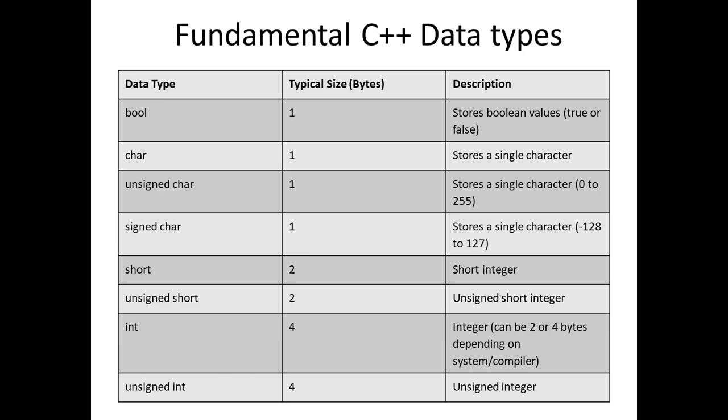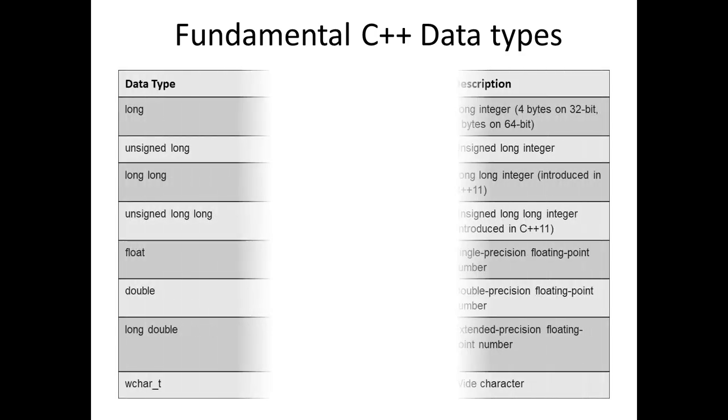Standard is 4 bytes, but in some systems you'll discover that integer is 2 bytes, while in others it is 4 bytes, just depending on the system or the compiler. So we have unsigned int. When we talk about signed int, that means it can hold both negative and positive numbers, but unsigned int can only hold positive numbers. It's also 4 bytes. It holds unsigned integers.